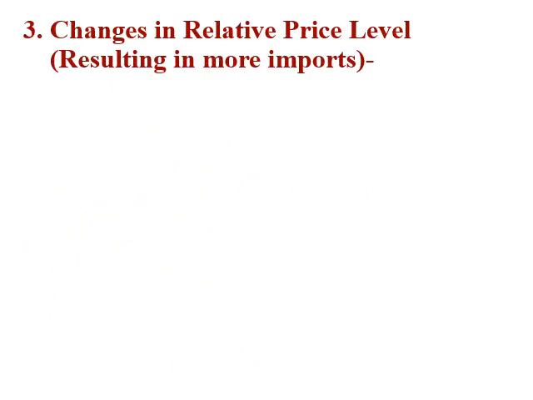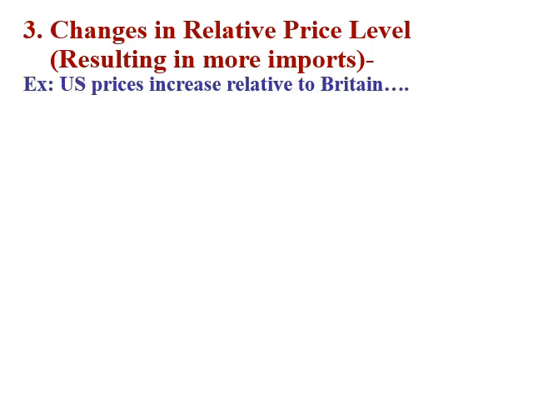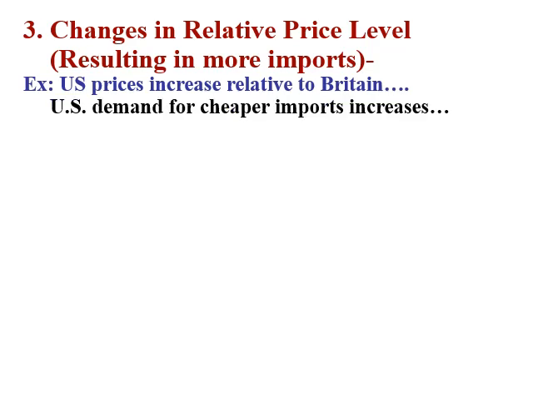Our third shifter is changes in relative price levels. Again, this is going to link just like changes in relative income level. It's going to result in more imports. So if there's a U.S. price increase relative to Great Britain, our products are now going to be more expensive relative to those of Great Britain.